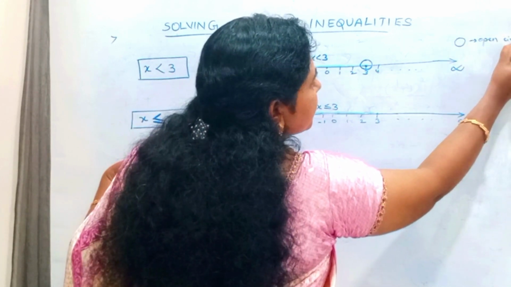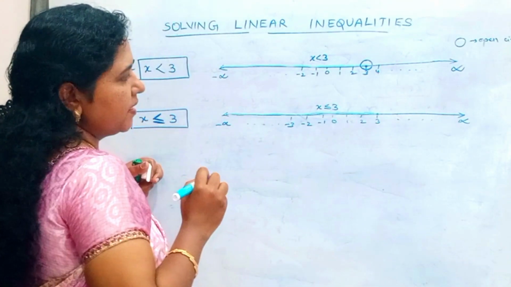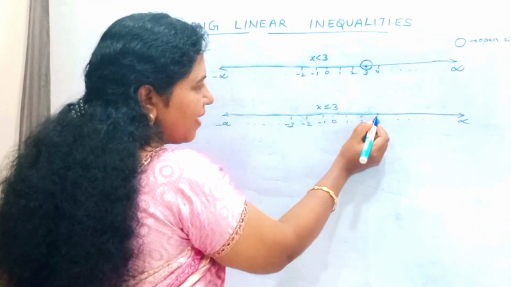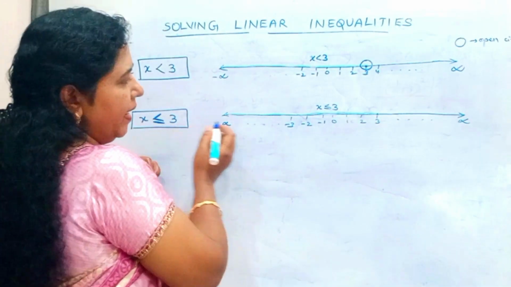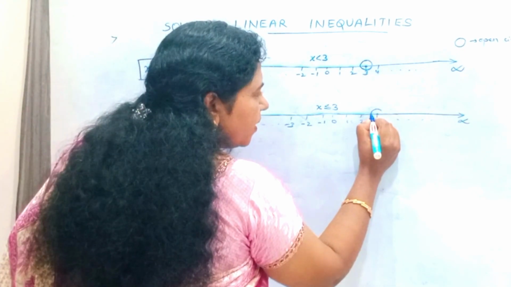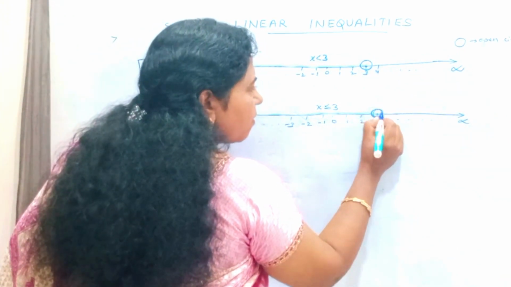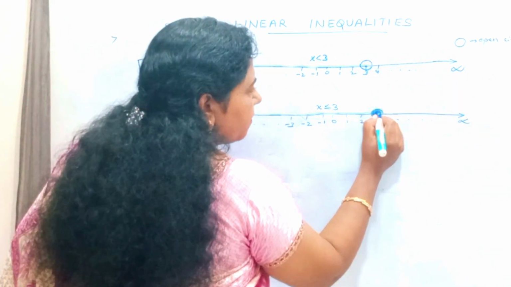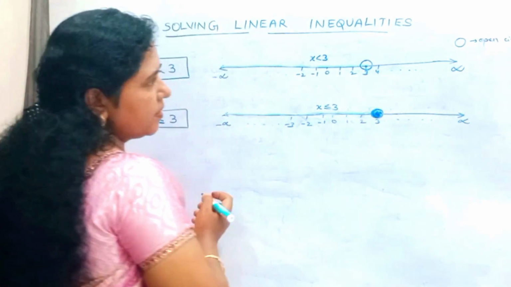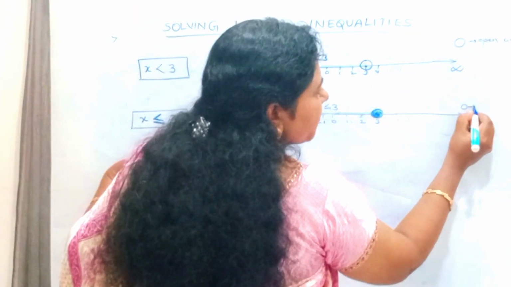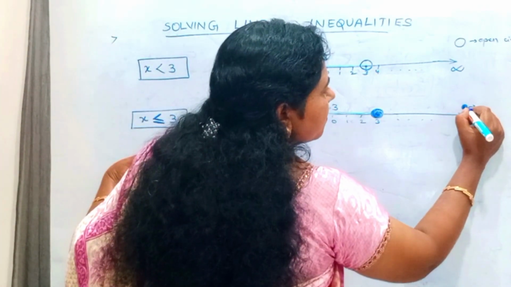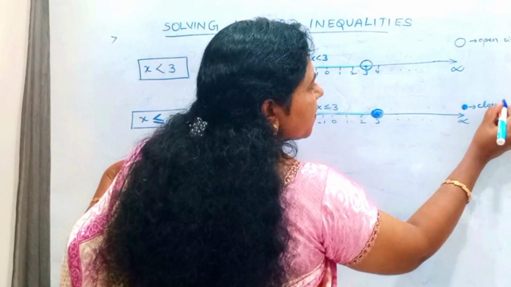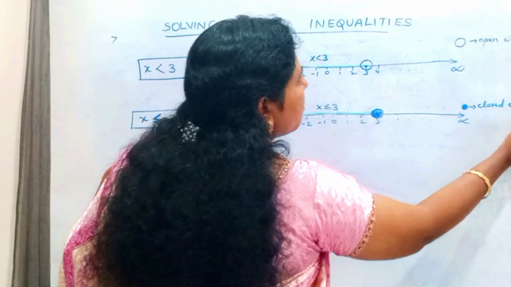Open circle representation using open circle. When that particular value is also included, we have to denote as closed circles. Just we have to shade completely. So this is a closed circle.